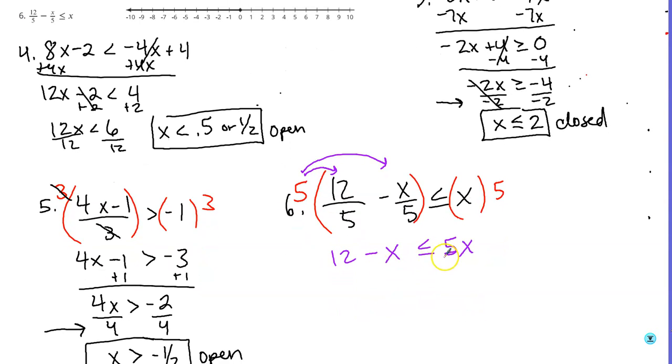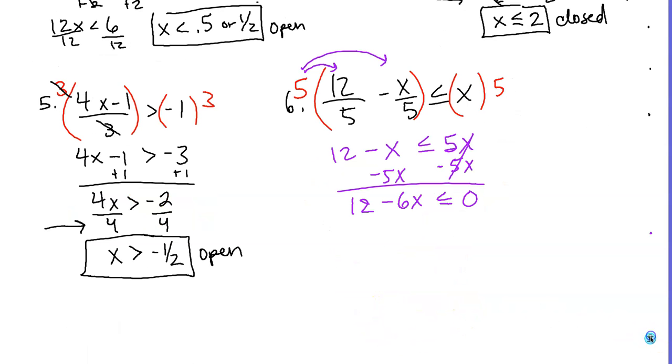Now again, I like to bring all my variables to the left, so I'm going to subtract 5x from both sides. I know it might feel weird. This is just 0. There's nothing else over here. Negative x plus a negative 5x is a negative 6x, and this 12 is still there. Then we have to move the 12 to the other side, so we subtract 12. So we get negative 6x is less than or equal to negative 12.